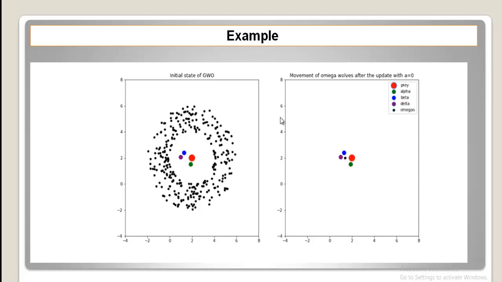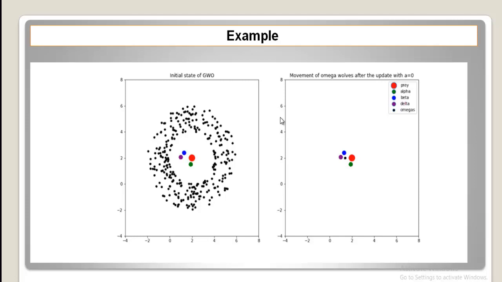We notice that all of the agents after the position update are now clustered even closer together, a sign that the algorithm has transitioned from exploration to the exploitation phase. At this stage, after the update, we would typically select the new alpha, beta, delta wolves, those closer to the optimal solution.